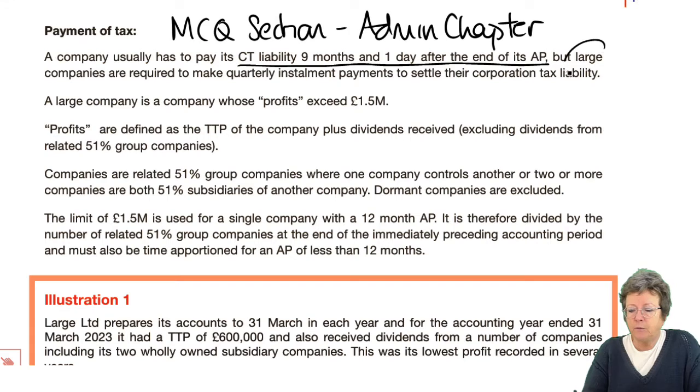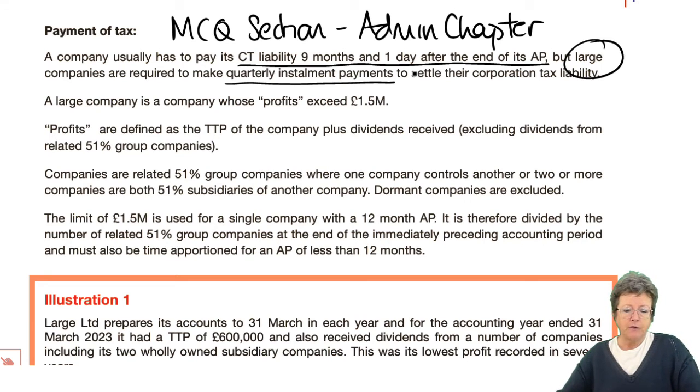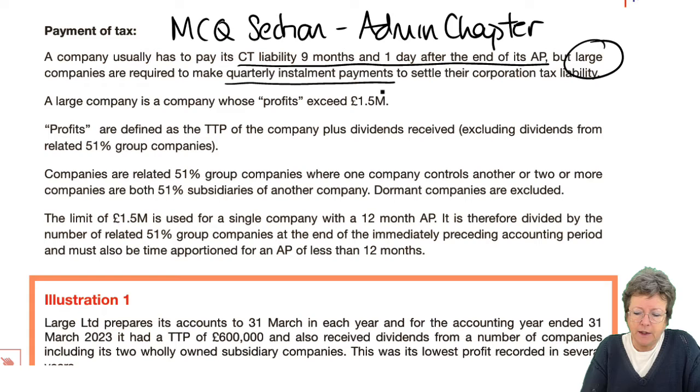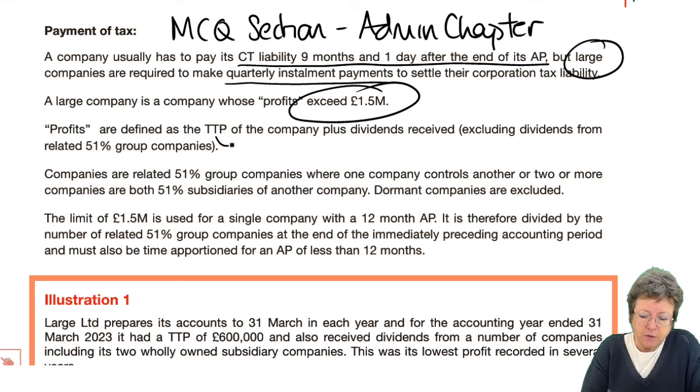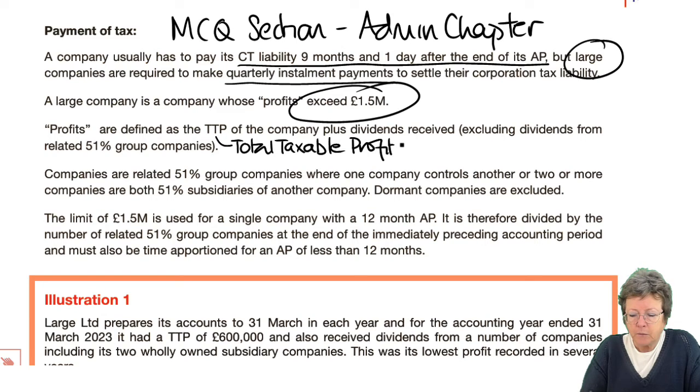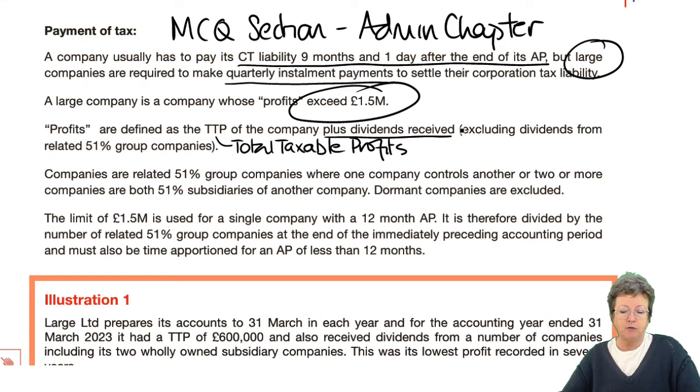Large companies have to pay by quarterly instalment payments. So now, what is a large company, you ask yourself? Profits exceed 1.5 million. Now, profits are defined as the total taxable profits plus the dividends received, excluding dividends from group companies.